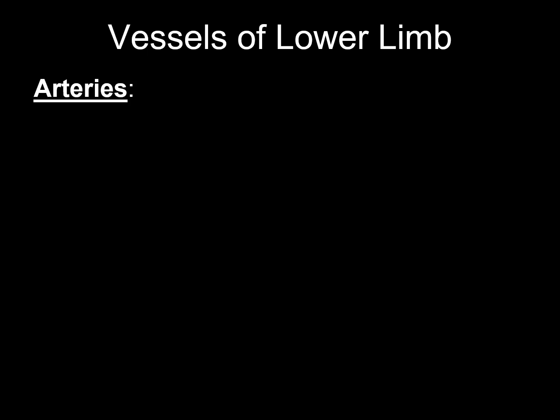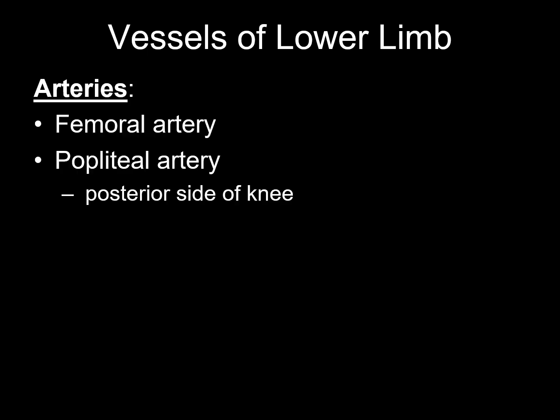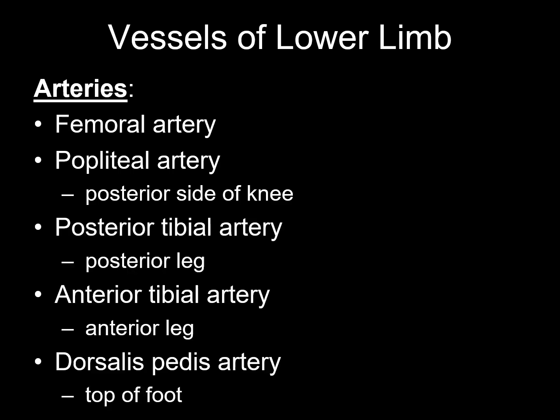So now let's go to the lower limb. So we haven't really talked about the lower limb vessels yet. So our arteries are going to be the femoral artery, the popliteal artery, which is going to go behind the knee. Okay.